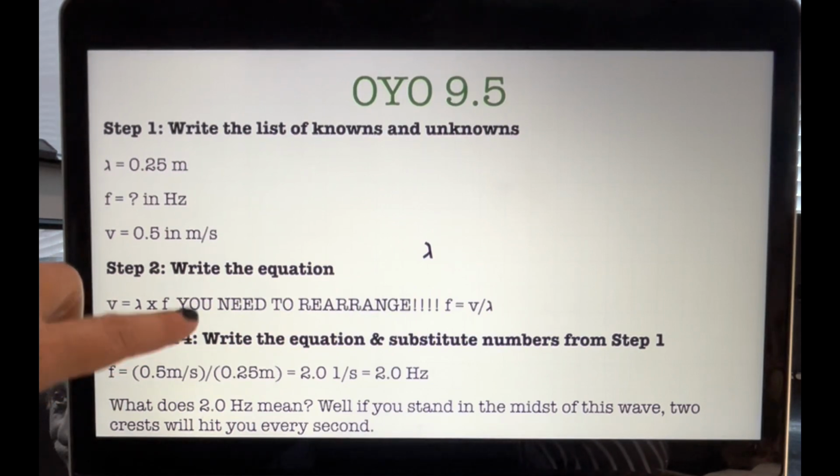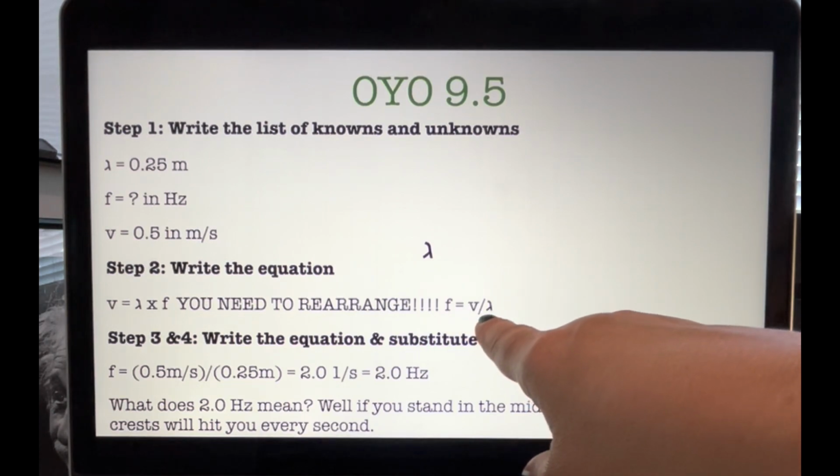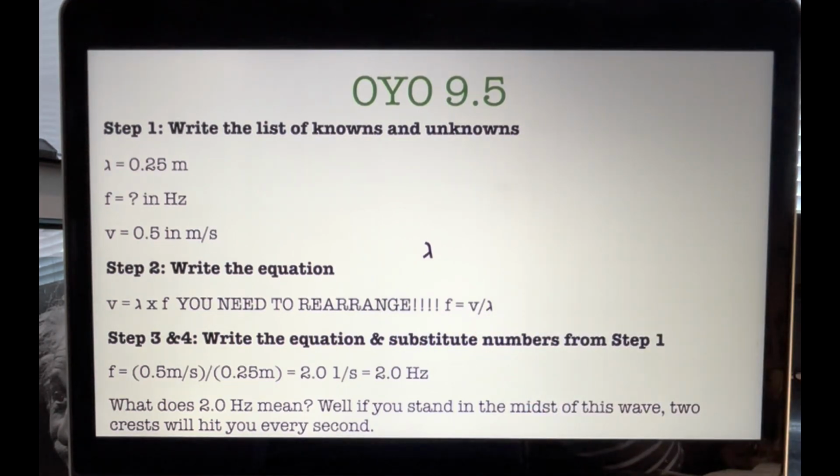And once again, we need to rearrange. So we have the frequency equals the speed over the wavelength. Steps 3 and 4, write the equation, substitute numbers, and solve. So we have 0.5 meters per second divided by 0.25 meters, which gives us 1 per second, or 2 hertz. So what does 2 hertz mean? If you stand in the midst of this wave, 2 crests will hit you every second.